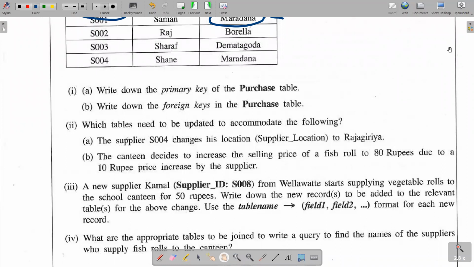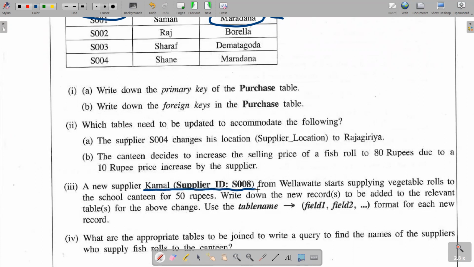Right. Then in part 3, it says a new supplier, Kamal, supply ID 008 from Belavatta, starts supplying vegetable rolls to the school canteen for 50 rupees. Write the new records to be added to the relevant table for the above change. Use the table name, field 1, field 2 likewise. So Kamal is a new supplier. The supplier ID is given.